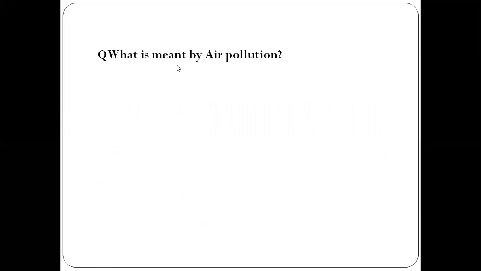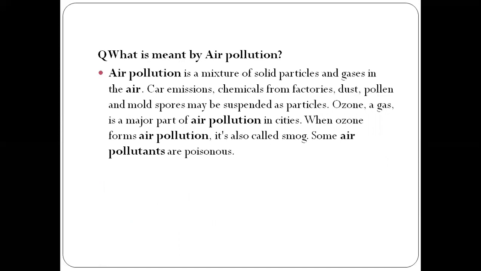Now, we shall glance at the important terms we mentioned in the previous questions. First one is air pollution. What is meant by air pollution? Air pollution is the mixture of solid particles and gases in the air.